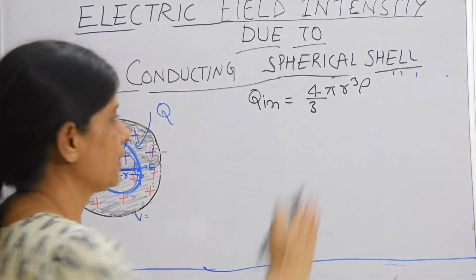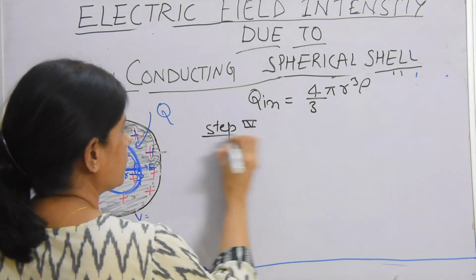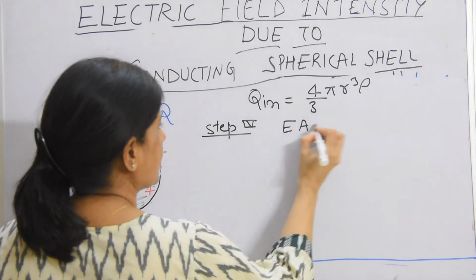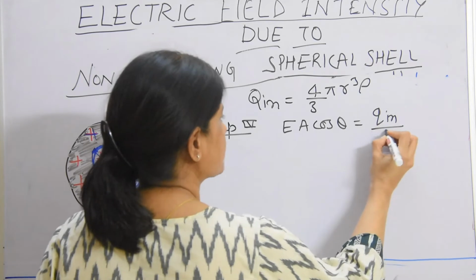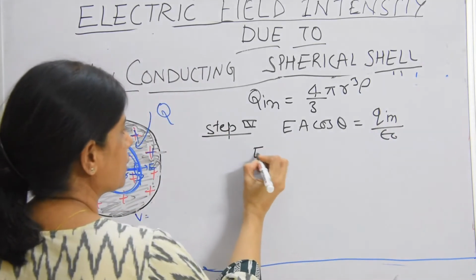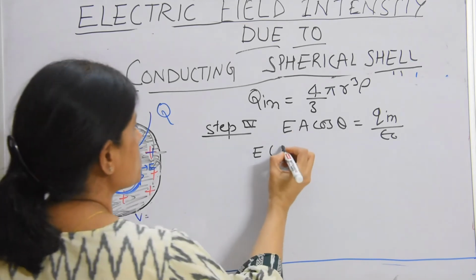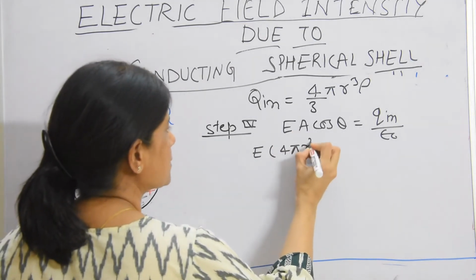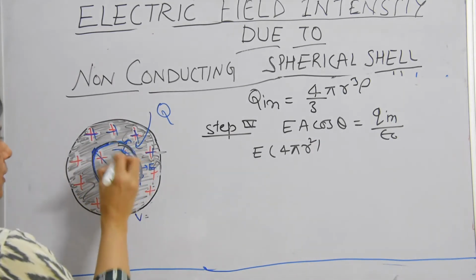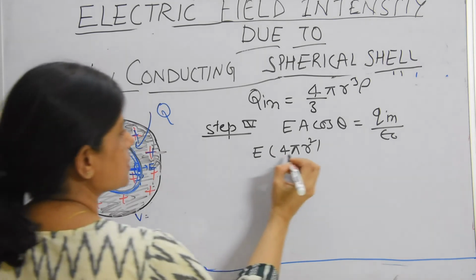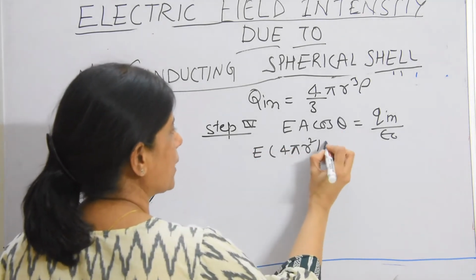Now step number 4 is we have to use the formula E A cos theta is equal to Q in upon epsilon naught. We have to calculate E. A is 4 pi r square, because throughout the Gaussian surface, the surface area is the area of the sphere, and cos 0 is 1.